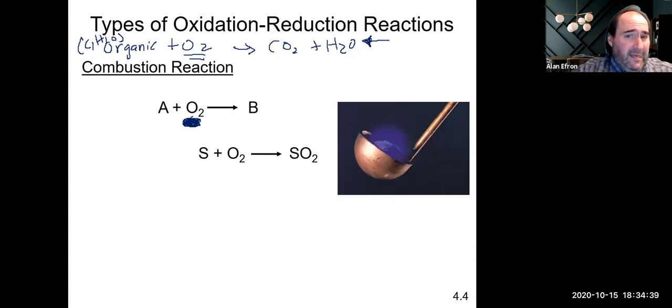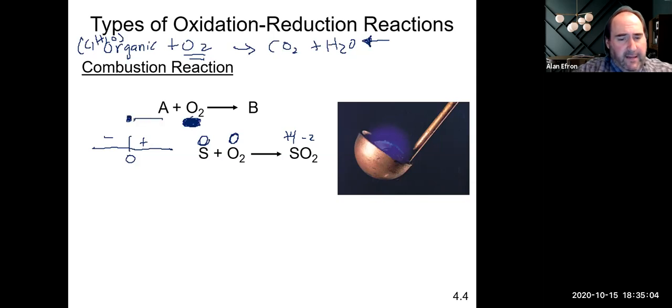It is also, again, a redox reaction. The sulfur by itself, uncombined, has a 0 oxidation state, and 0 for our oxygen here. Oxygen on the other side is -2, and there are 2 of them, which means that we would need a +4 happening there. So in this particular case, if we want to figure out what's going on, if we look at the sulfur, we're starting at 0.